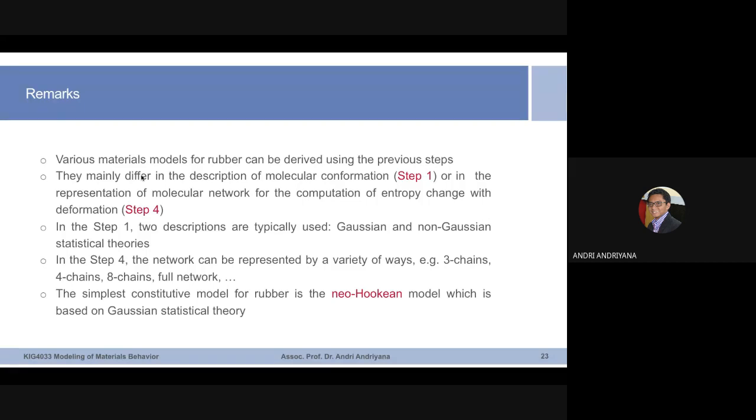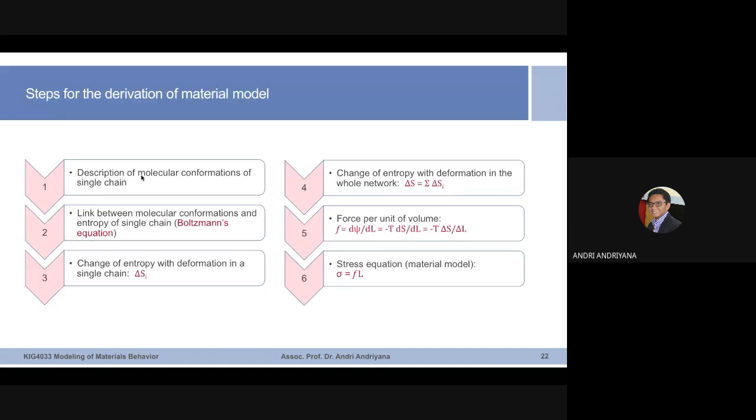They differ in the descriptions of molecular shape or molecular conformation, which is step 1, and how they represent the molecular network for the computation of entropy change in deformation, step 4. So if I go back here, the difference is in description number 1, and then how we account for the total change of entropy in the network from the change of entropy in each individual polymeric chain.